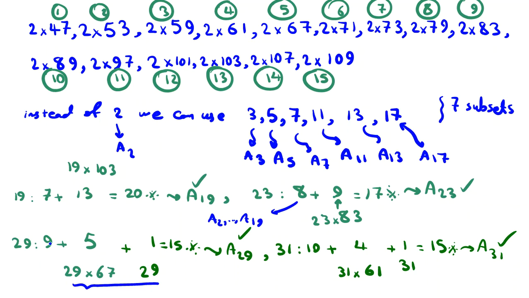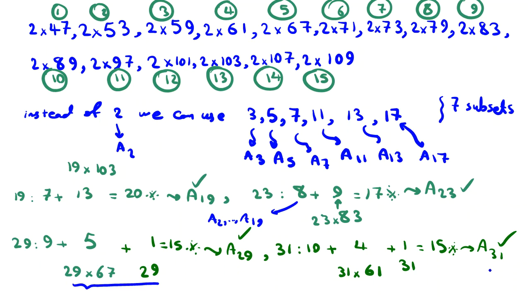And we want to consider if we don't have 29, what happens. If we don't have A29, then 9 plus 5 here plus 1, the subset that contains not 29, it is 15, and that's a contradiction, so we have A29.